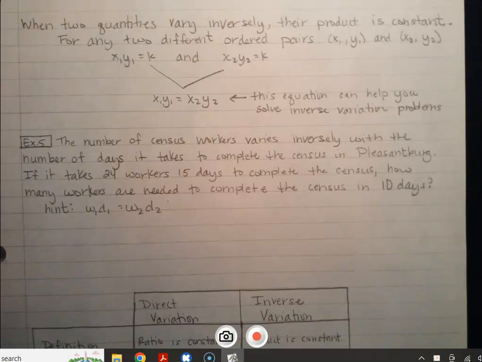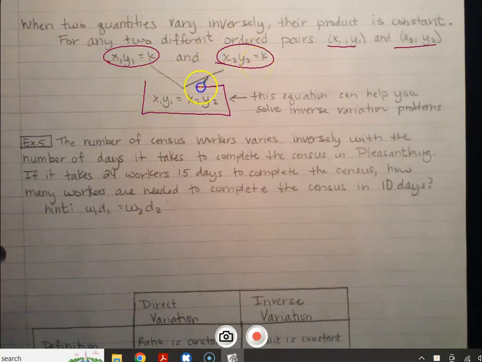So for any two different ordered pairs, x sub 1, y sub 1, and x sub 2, y sub 2, when we multiply them together, x sub 1 times y sub 1, we get the constant k. And if we multiply x sub 2, y sub 2, we get the constant k. So we can set these products equal to each other. This equation can help you solve inverse variation problems. Proportions help you solve direct variation, and this one helps you solve inverse variation problems.